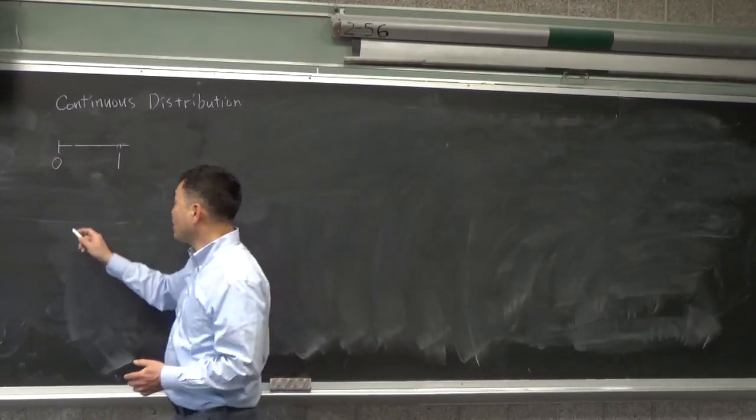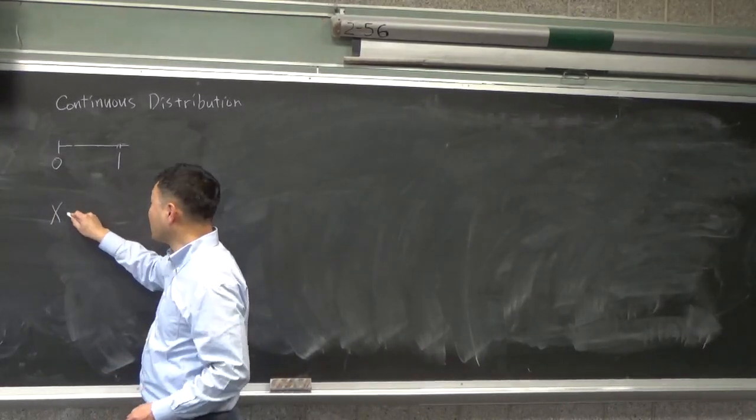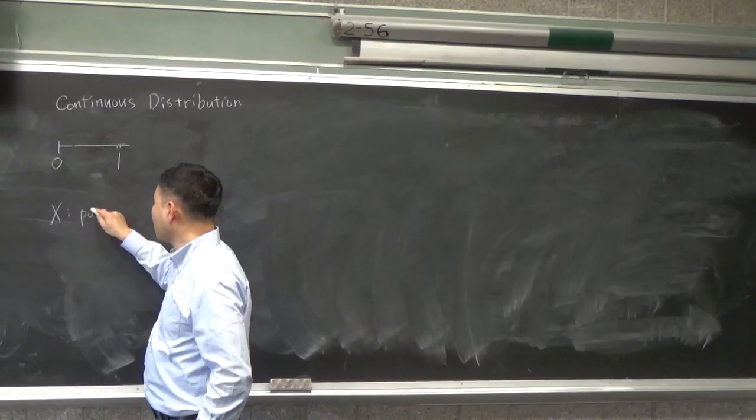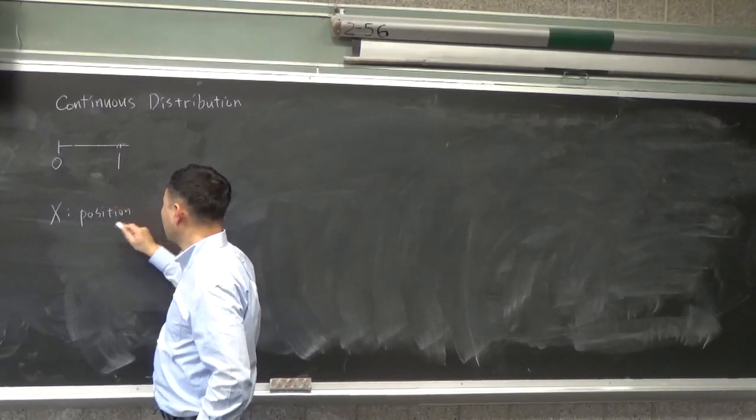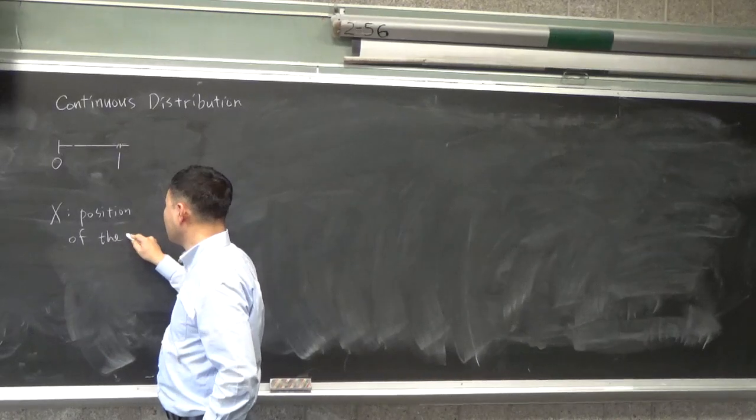Now this random variable x would be the position of the middle coin.